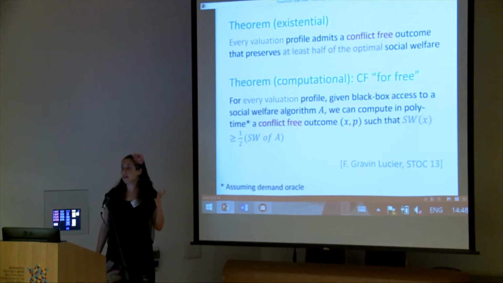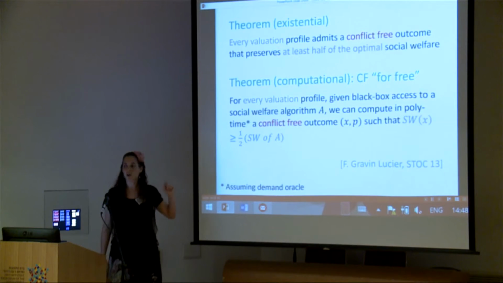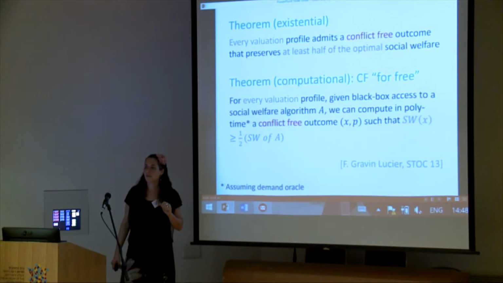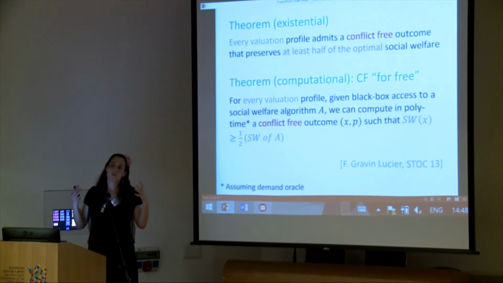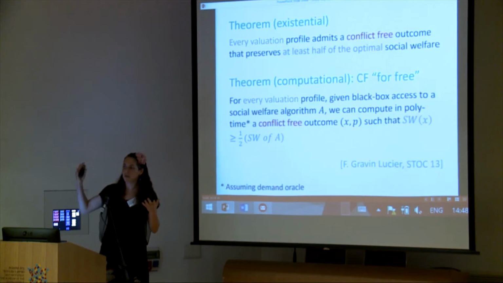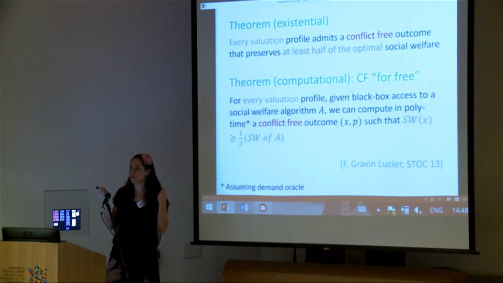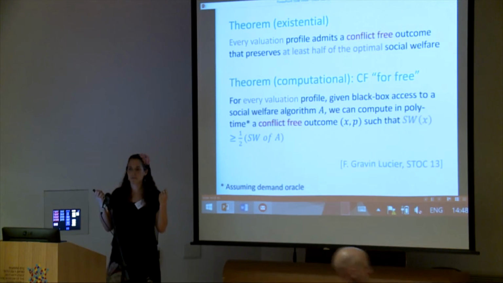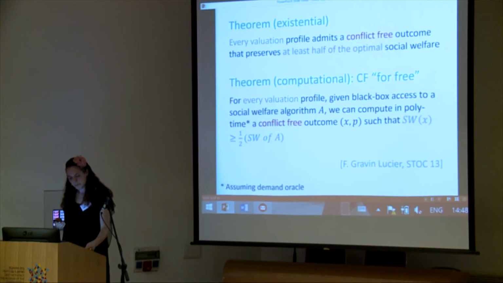In other words, whatever approximation you can get to the social welfare problem in any algorithm, you can preserve at least half of this social welfare in a conflict-free manner. And this is through posted prices, right? We bundle, then we post prices on the bundles, and then agents come to the market and purchase their most preferred bundles. Good. So this was the first scenario.